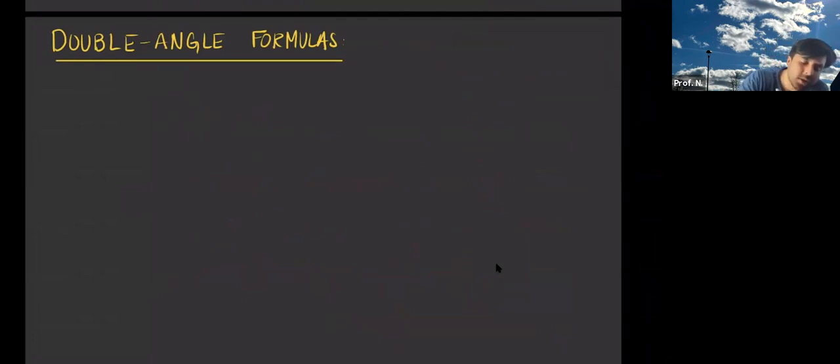So let's look at the double angle formula for sine. So what do I mean by double angle? I mean that I'm taking sine of twice the angle. Sine of 2 theta. There's a formula for this.